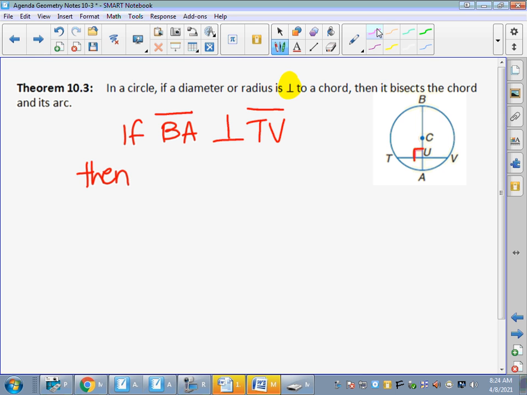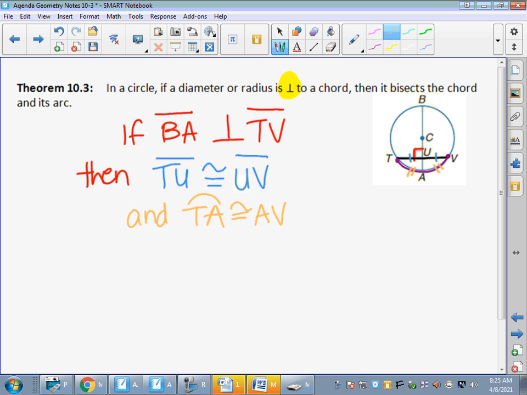It bisects the chord and its arc. So this chord gets cut into two congruent parts: TU is congruent to UV. I can also say that this arc gets bisected, so I'll put double marks on there because those are congruent to each other, and arc TA is congruent to arc AV.